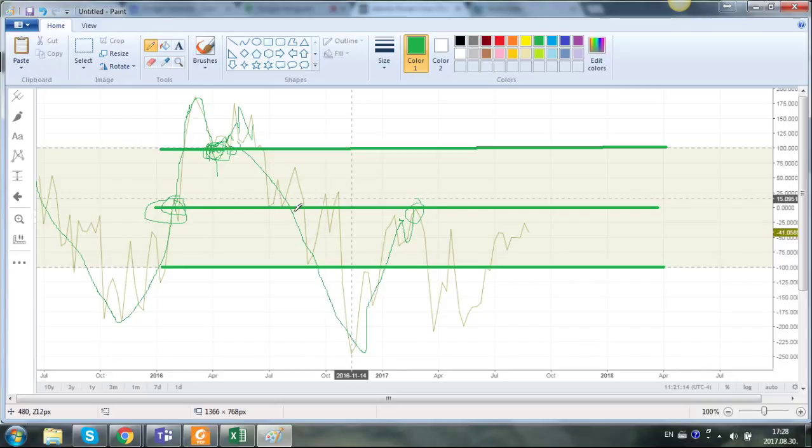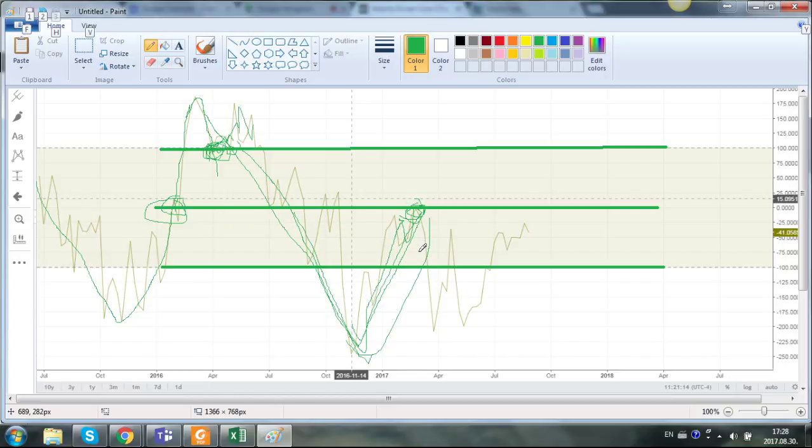Kailangan yung CCI bumaba ulit sa negative 100 or more, then bumalik. Kasi it's an indication of reversal ng downtrend. Downtrend kasi ito eh. Then pag na-reach niya yung 0, this is a confirmation of reversal.